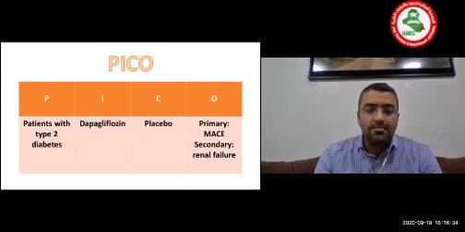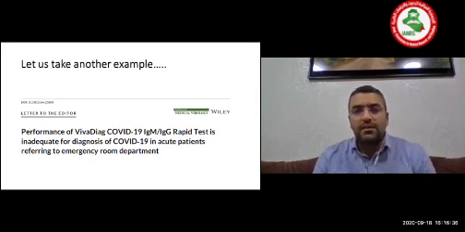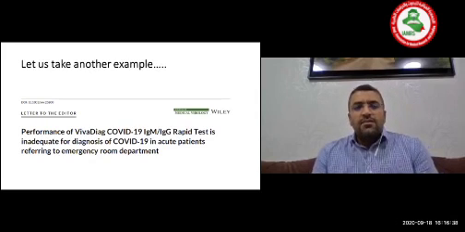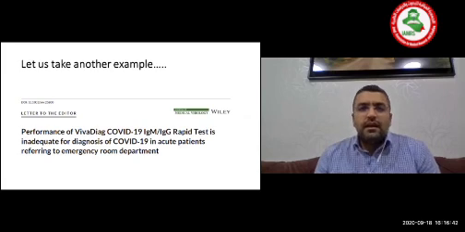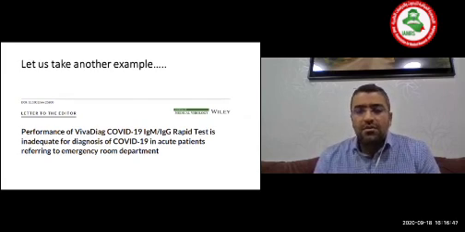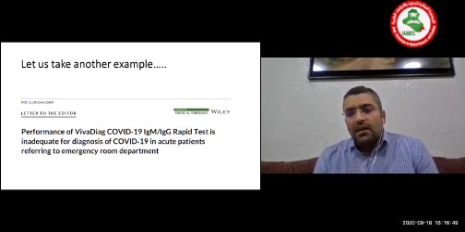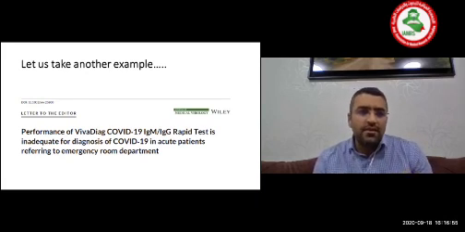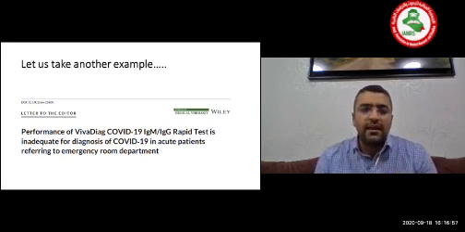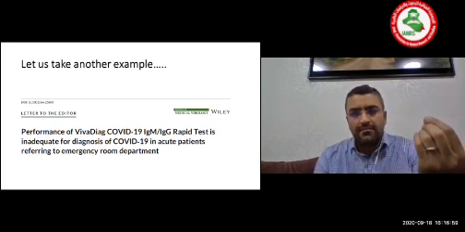I hope this example is very clear. Let's take another example. So you know now in COVID-19, the gold standard test for the diagnosis is the real-time PCR, okay, through the swab. And you remember there was a talk about the rapid test, which is a serological test that detects the IgM and IgG against COVID-19 in our blood.